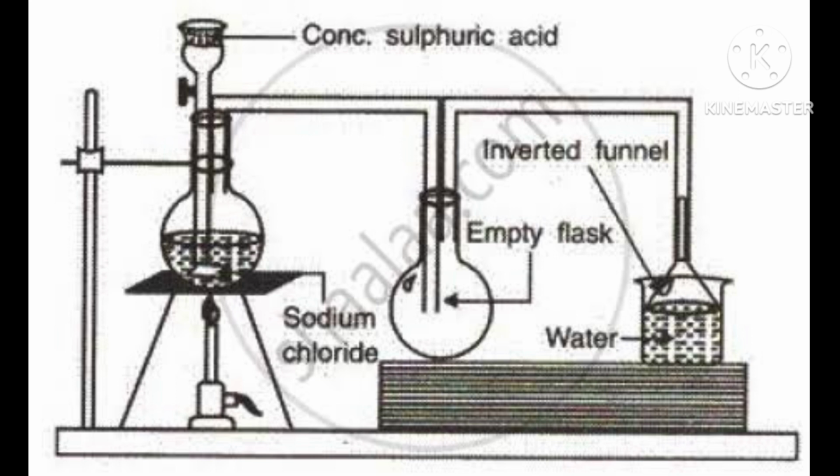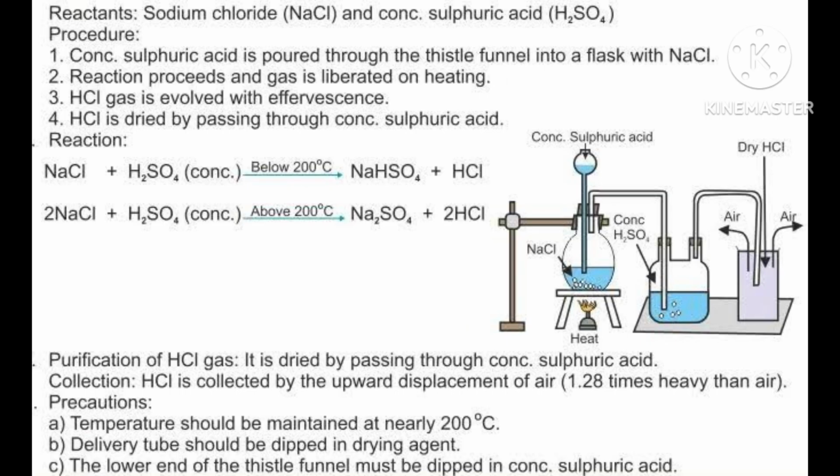You can also tell that on complete reaction NaCl plus H2SO4 gives NaHSO4 plus HCl, and this NaHSO4 will continue to give HCl with NaCl: NaHSO4 plus NaCl gives Na2SO4 plus HCl. But in this reaction more temperature is required, 823 Kelvin.